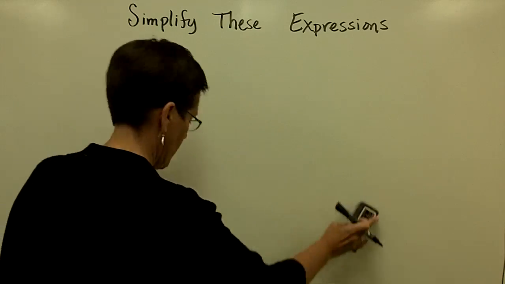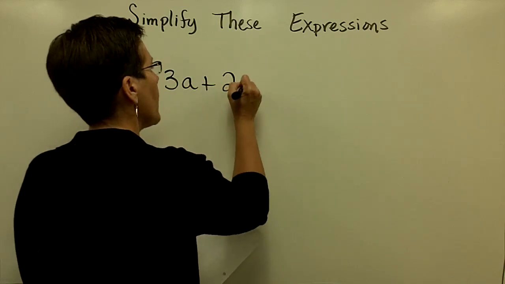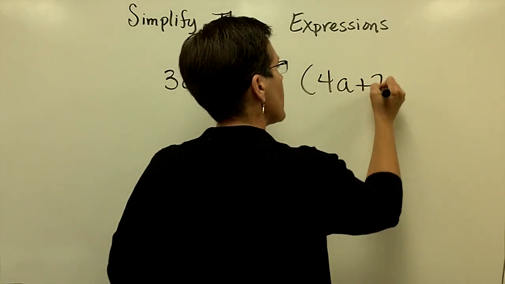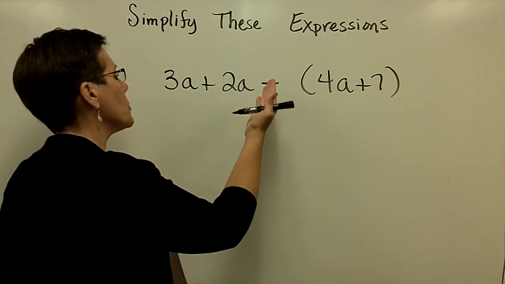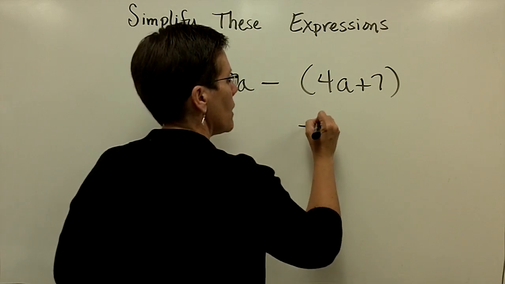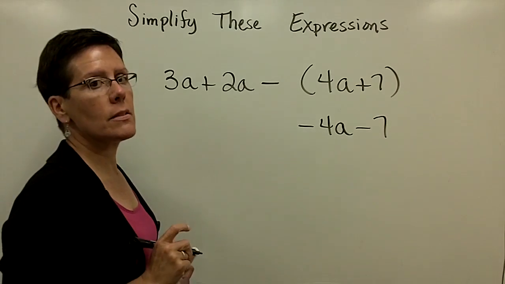Let's look at another. So 3a plus 2a minus (4a plus 7). So I'm asking you to subtract all of that. I'm asking you to think of giving me the opposite of all of that. So that would be a minus 4a and a minus 7, and drop your parentheses now.